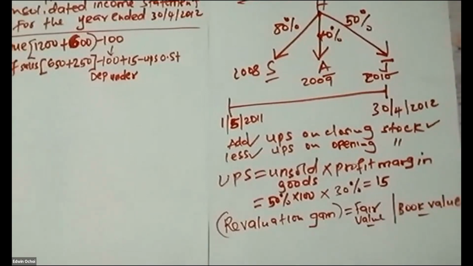So the difference between the two. In order to get the revaluation, they always say, for example, that the fair value was in excess of the book value by a certain amount. So that is again the difference between the fair value and the book value. Obviously, the fair value would be higher than the book value.